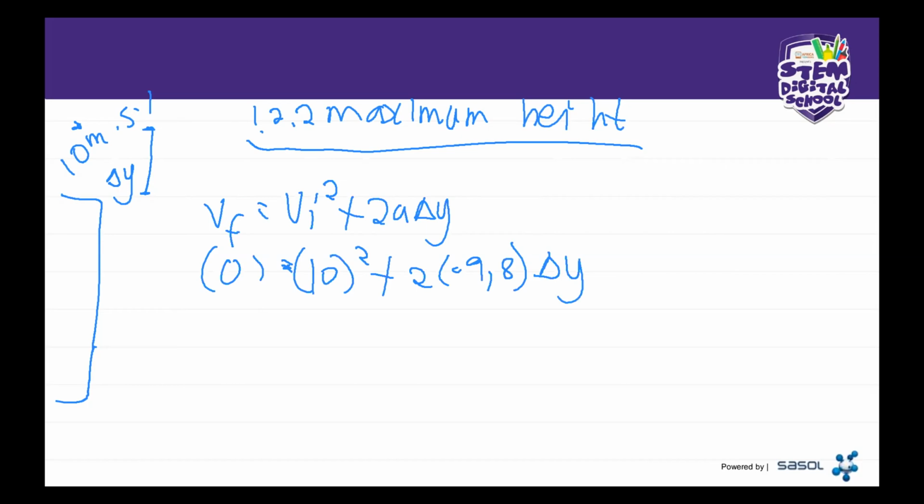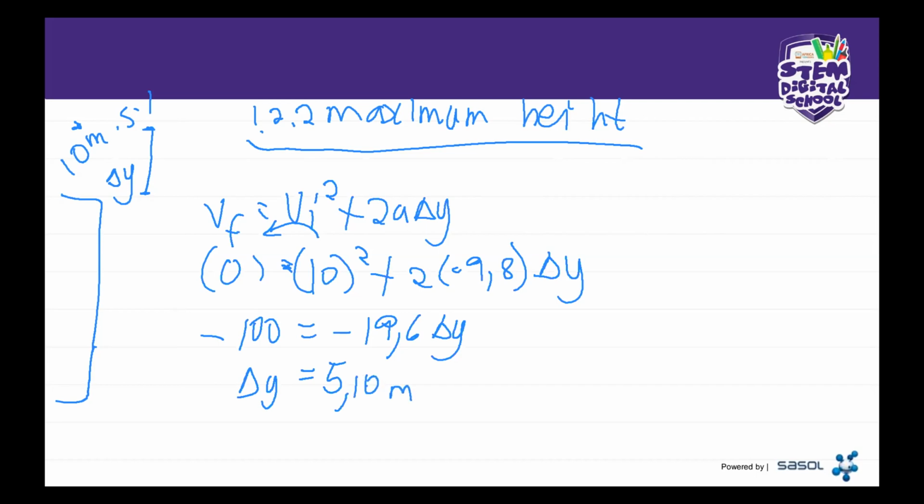Okay. So what are we going to have here? We're going to take this one and we take it to the other side. It's going to be a minus 100 is equals to minus 19.6 triangle y. So our triangle y is going to be equal to 5.10 meters. Okay.